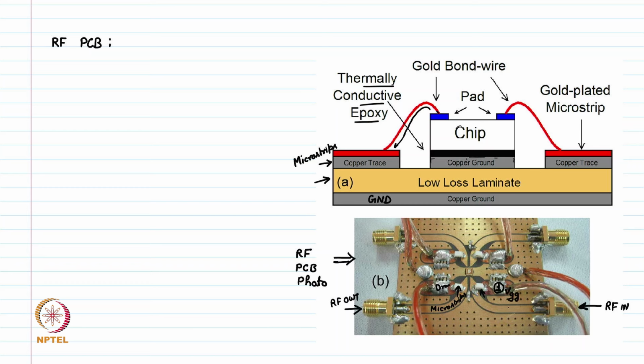This is the input trace and this is the output trace, and the rest of the portion of the PCB is put at ground through these multiple holes. So this is how this PCB actually looks. We can write down some key considerations.